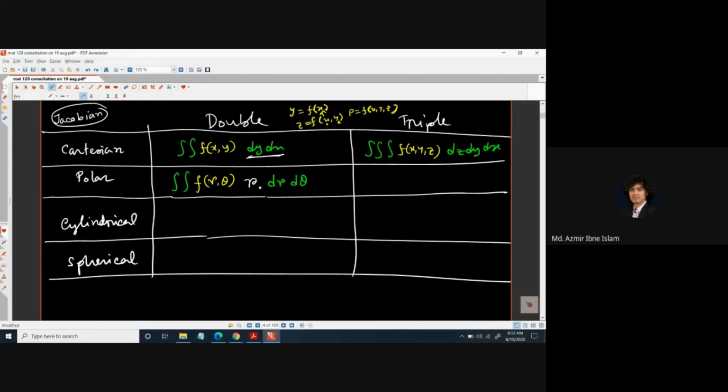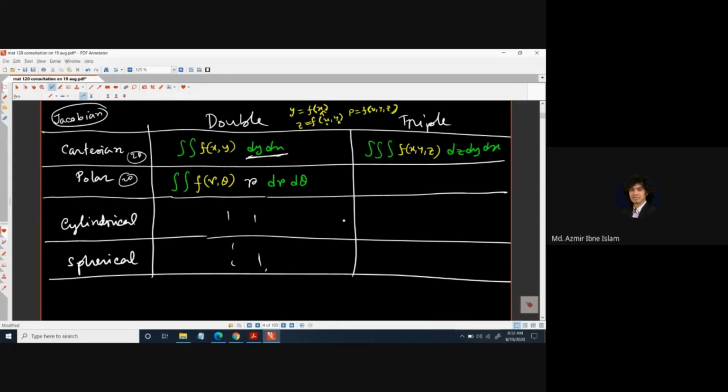For now, just understand that whenever we convert a double integral in Cartesian coordinate system to polar, dy dx will be converted to r dr d theta. And here you can see the triple integral. You already know that polar is two dimension, so that's why these parts are blank.